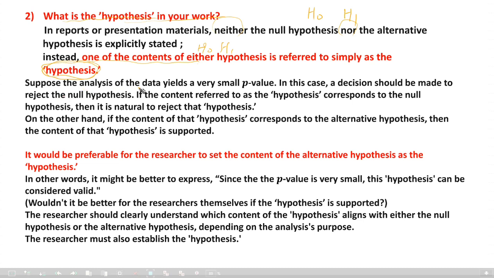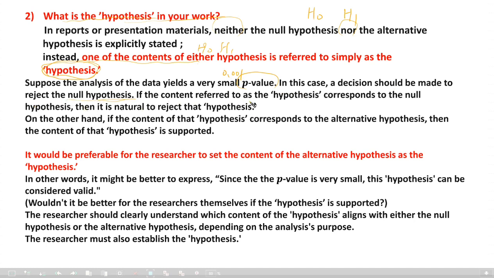Suppose analysis of data yields a very small p-value. Okay, very small p-value means 0.001, something like that. In this case, a decision should be made to reject null hypothesis.